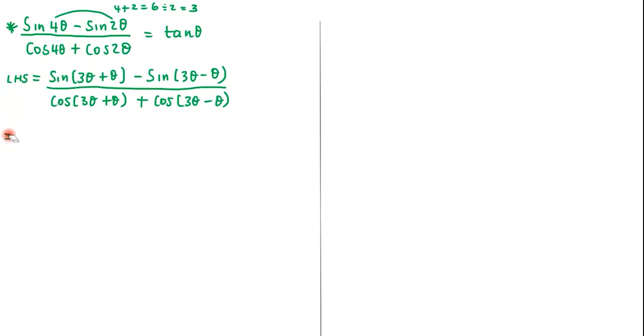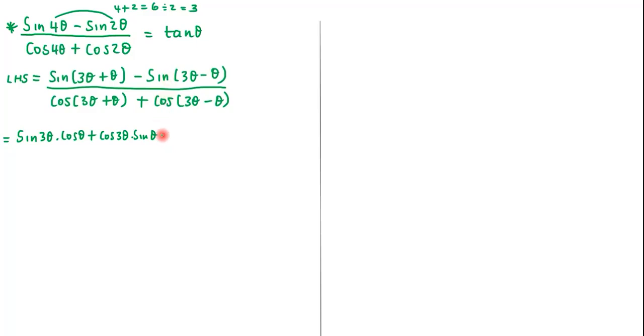So from here, we can then expand by saying we have sine 3 theta times cos theta plus cos 3 theta times sine theta. I'm going to try to squeeze everything in.